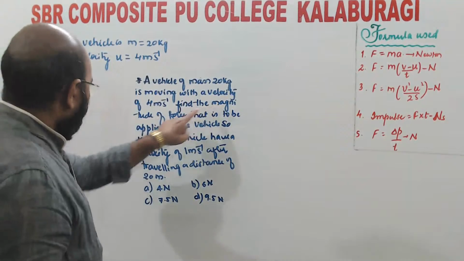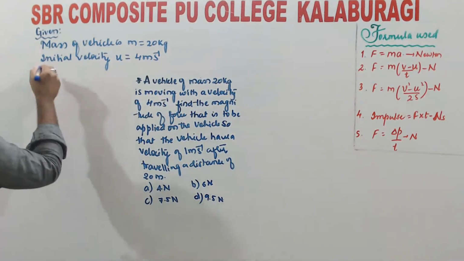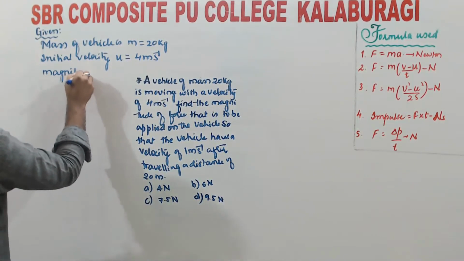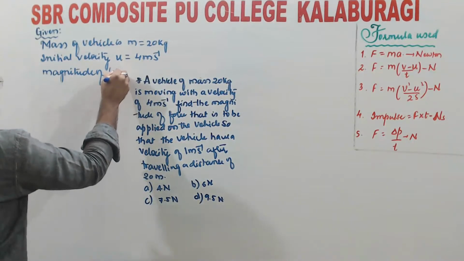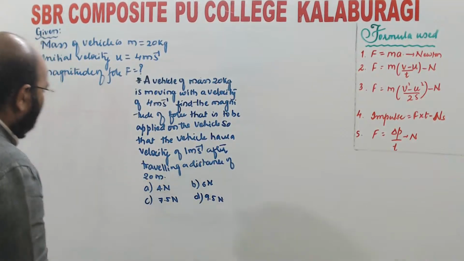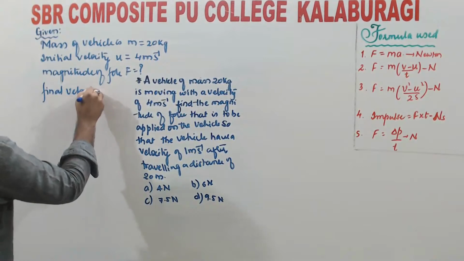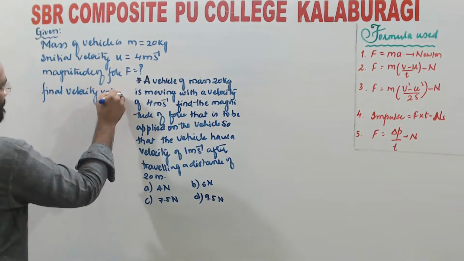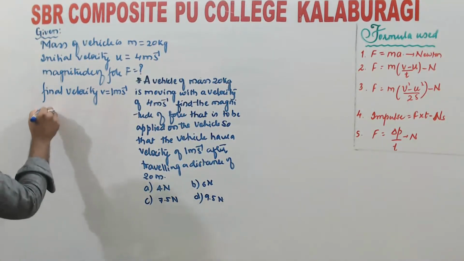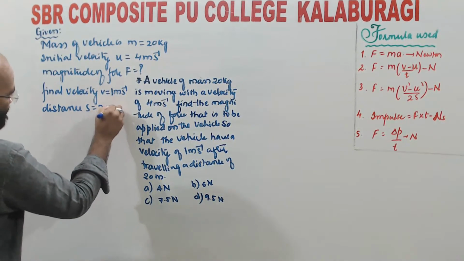Then find the magnitude of the force to be applied on the vehicle to stop it. Magnitude of force F is equal to question mark. Final velocity is given, v is equal to 1 meter per second. Then it travels a distance s is equal to 20 meters.